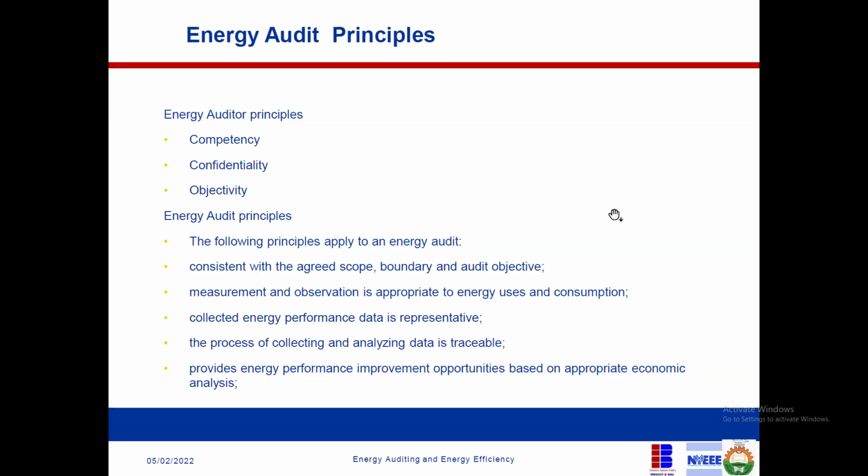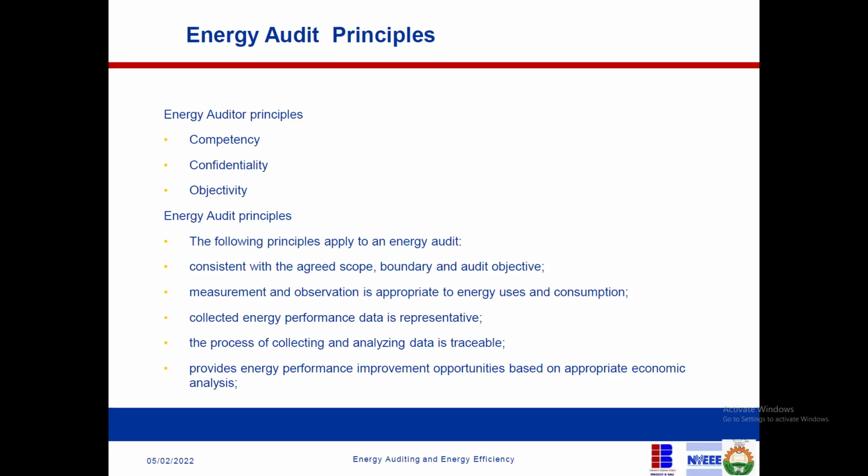So you must be consistent with the agreed scope, boundary, and audit objective. That's why in your startup meetings, all of you will sit down and discuss what to audit and what not to audit, how far you can go, who to audit and who not to audit. All this must be put in. If we're auditing our generating line, then we should limit it to that. If we're auditing our production unit, then we should limit it to that.